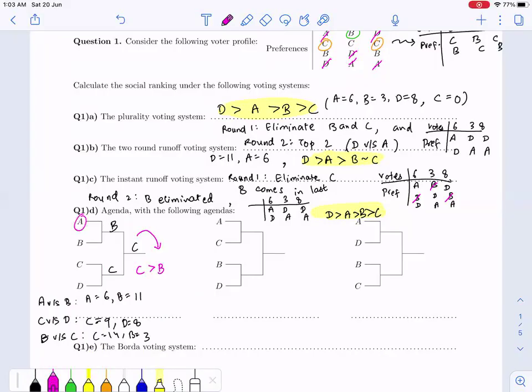And the other two tie for last place. Yep. So this is how you rank under this agenda. And you can do both of the other two agendas similarly.